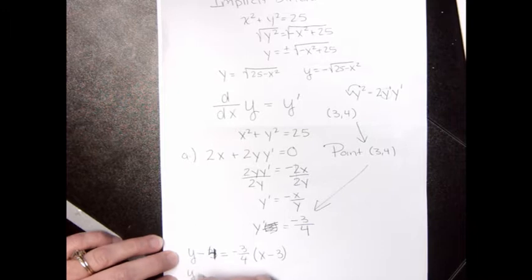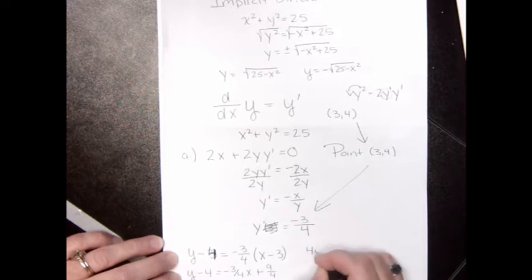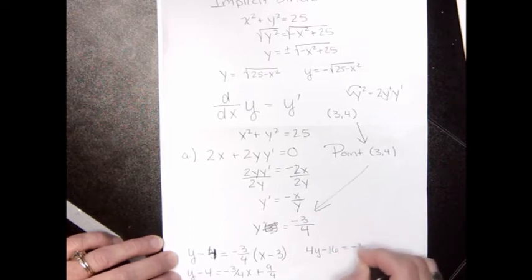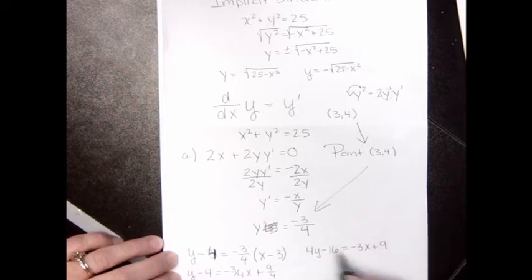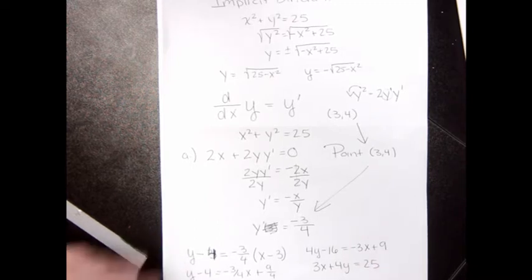So I have y minus 4 equals negative 3/4 x plus 9/4. So that would be 4y minus, I'll go ahead and multiply that by 4, 16, equals negative 3x plus 9. And when I bring my x over to this side, 3x plus 4y, bring my 16 over to this side, equals 25. That is my equation of my tangent line.